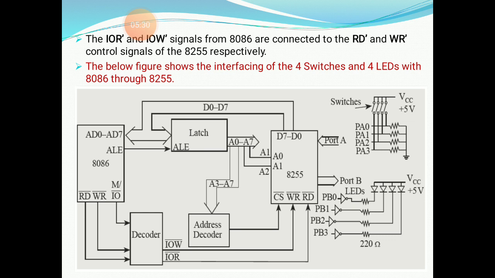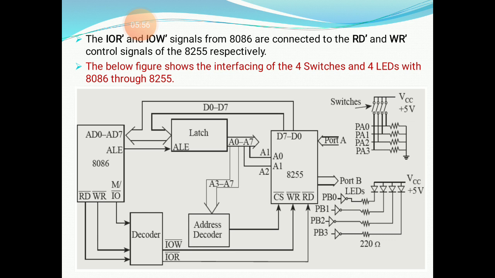When ALE equals 1, the multiplexed lines act as address lines, and when ALE equals 0, the multiplexed lines act as data lines. When ALE equals 1, the latch stores the multiplexed address lines as address lines, and the latch output is an 8-bit address.